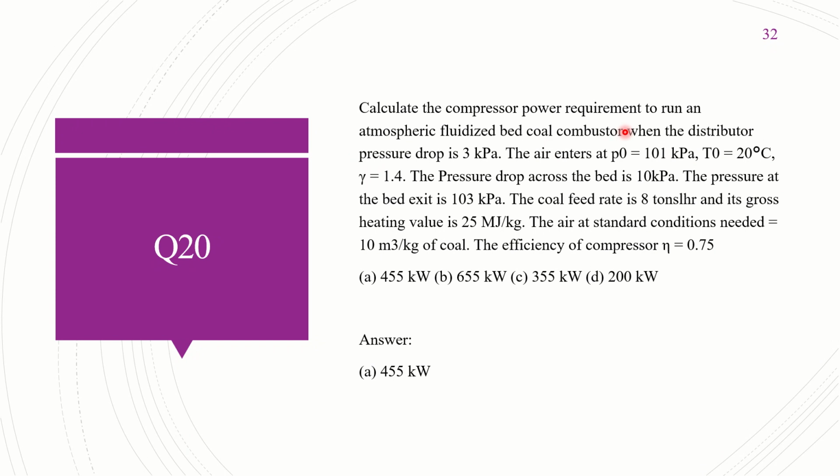The pressure at the bed exit is 103 kilopascal and coal feed rate is 8 tons per hour and its gross heating value is 25 megajoules per kg. The air at standard conditions needed is 10 meter cube per kg of coal and the efficiency of the compressor is 0.75. So what is the compressor power requirement? 455 kilowatt, 655 kilowatt, 355 kilowatt, 200 kilowatt.